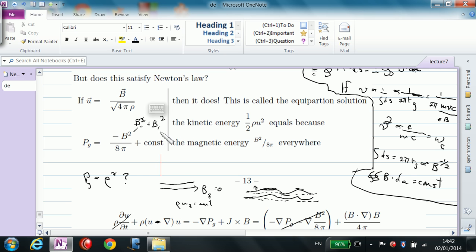So the gas pressure only changes to second order in the magnetic field. And therefore the density changes only to second order in the magnetic field.